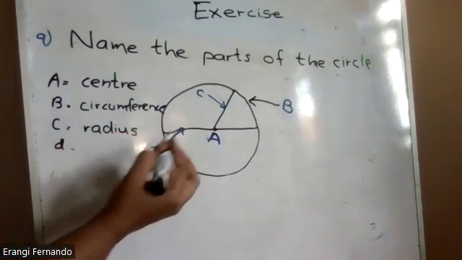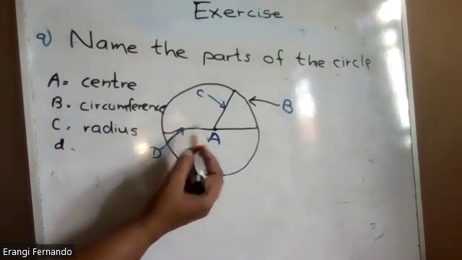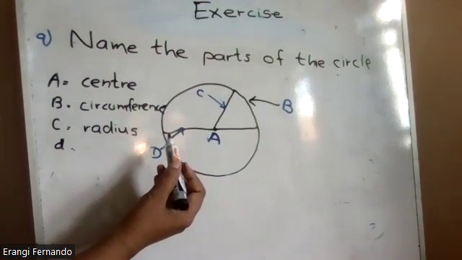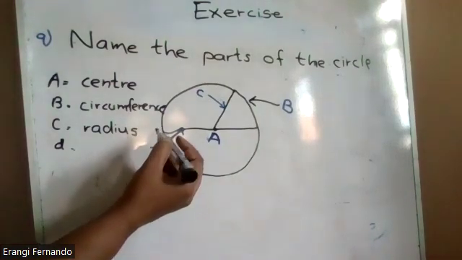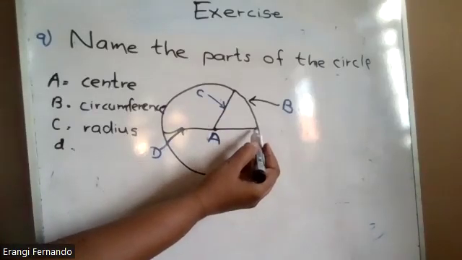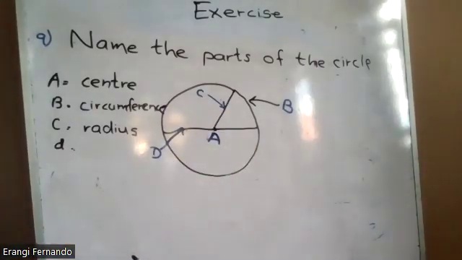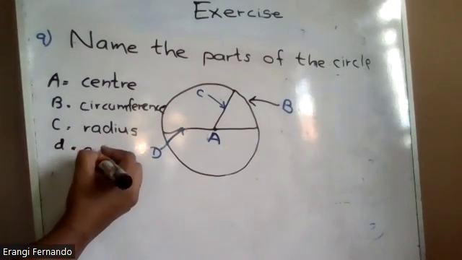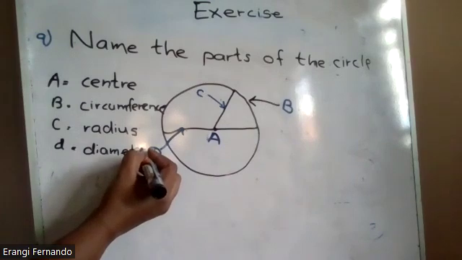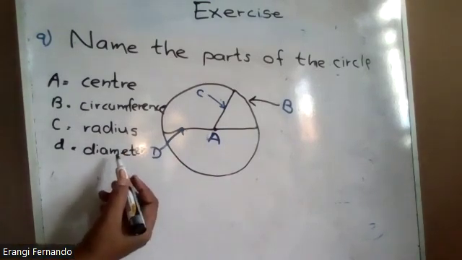So D is the diameter. The diameter means when we draw a line passing through the center, it's the diameter. So D is diameter. What is the half of the diameter?